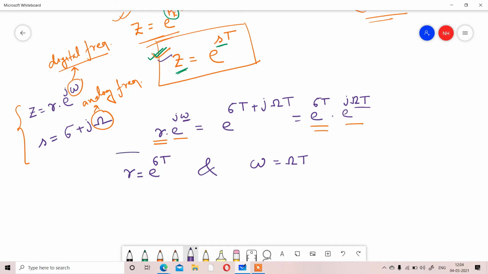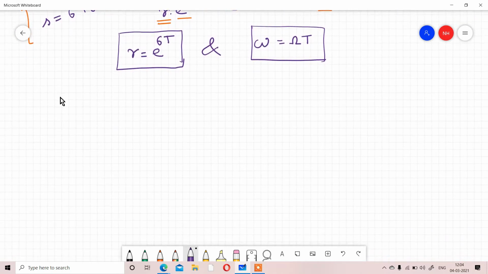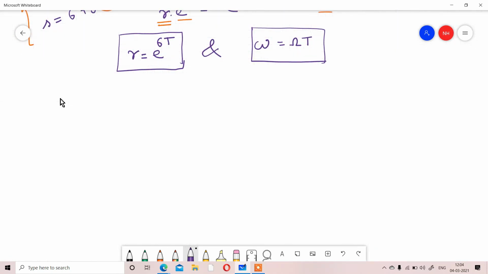Okay, so these are the two expressions we are getting, considering the frequency domain for both cases, analog and digital. Now check whether this satisfies our condition or not.